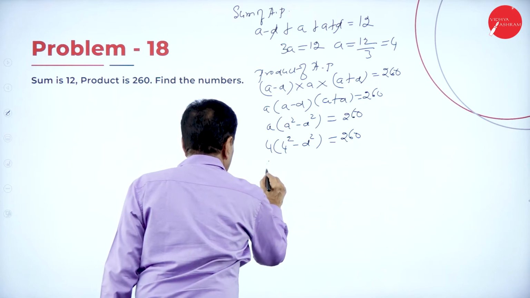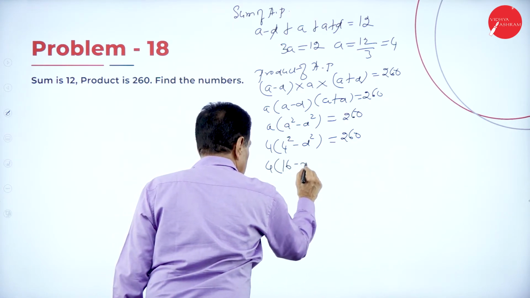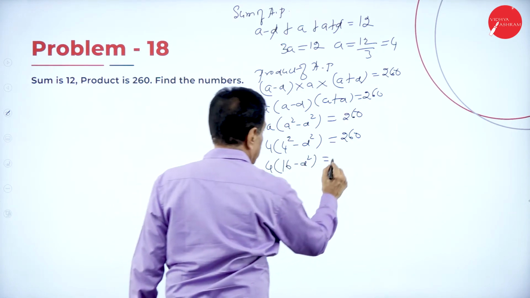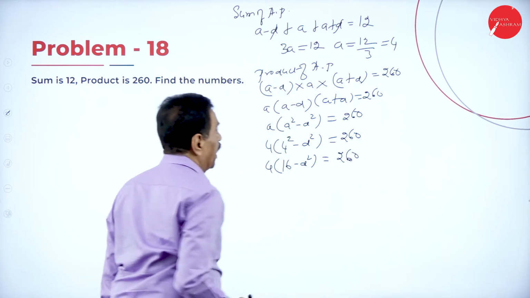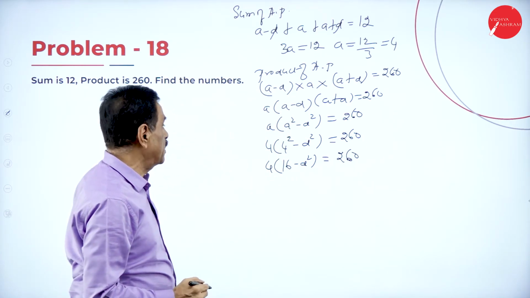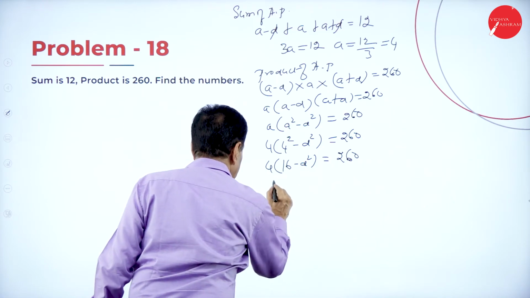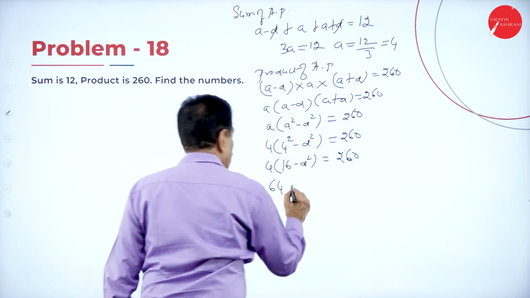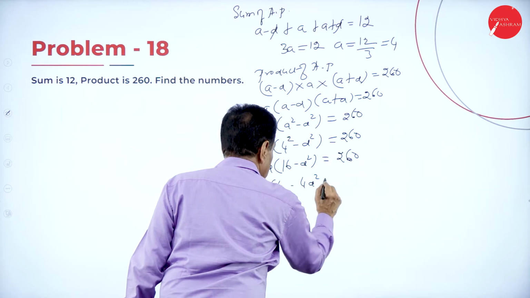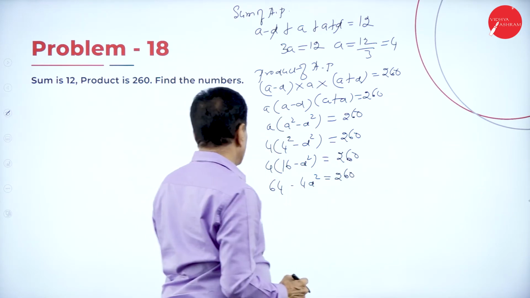4 square is 16. I'm going step by step. See that? 4 into 16, 64 minus 4D square is 260.